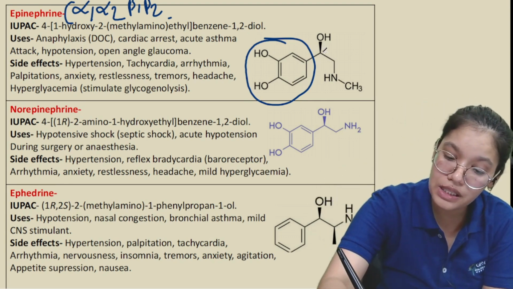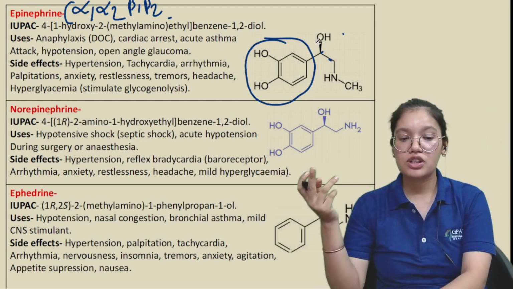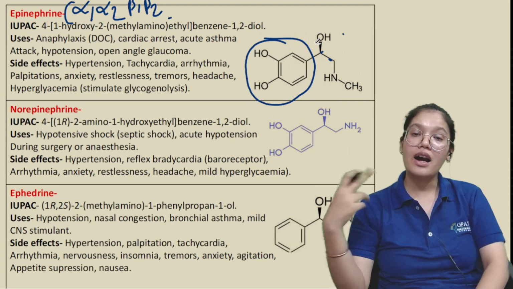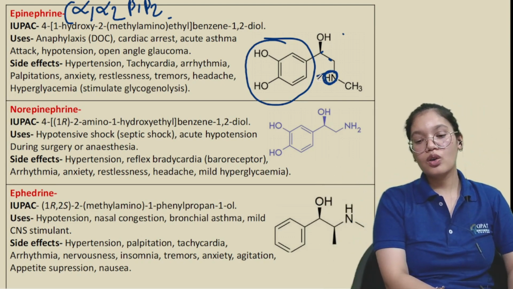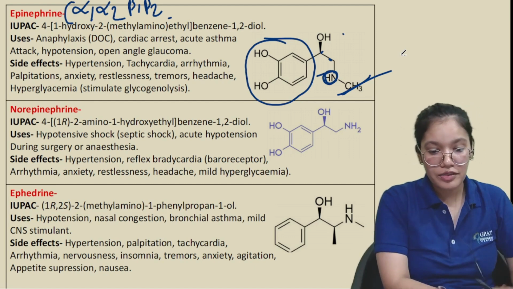It contains an ethane bridge that has OH at the beta position. Now this epinephrine contains an extra methyl group that is attached to the N. So here we have a methyl group, so that is epinephrine.